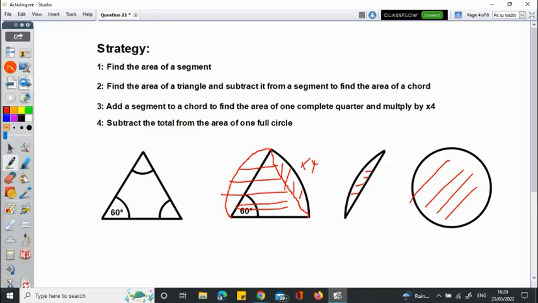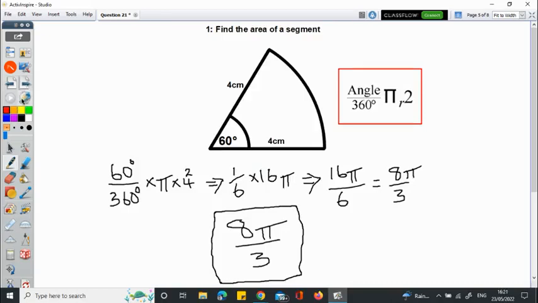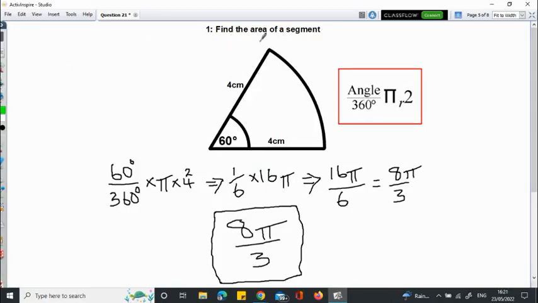Okay, let's do that. First of all, find the area of the segment. The area of the segment, as I said, is the angle, 60 over 360, times pi r squared. So 60 divided by 360 times pi times 4 squared. I've just simplified this: 60 goes into 60 once, 60 goes into 360 six times.